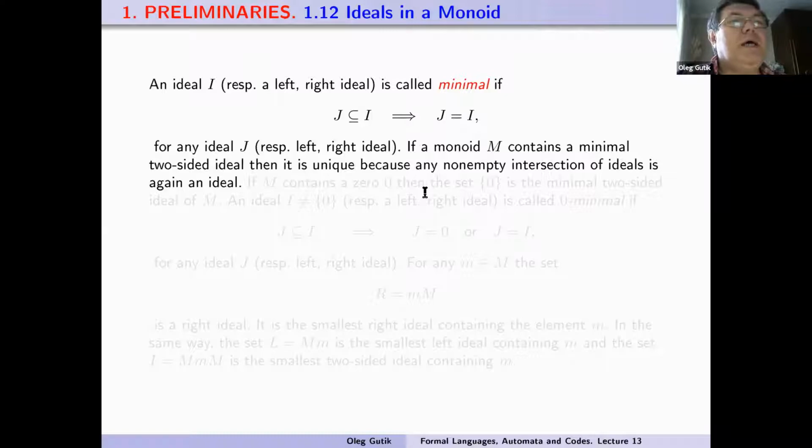If a monoid M contains a minimal two-sided ideal, then it is unique, because any non-empty intersection of ideals is again an ideal. I propose for you to prove this fact, that the non-empty intersection of ideals is again an ideal, as exercise 1, homework.